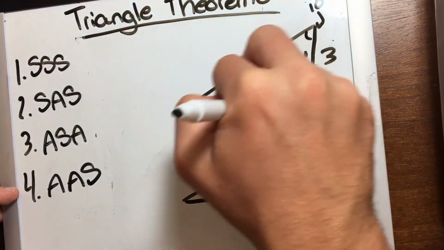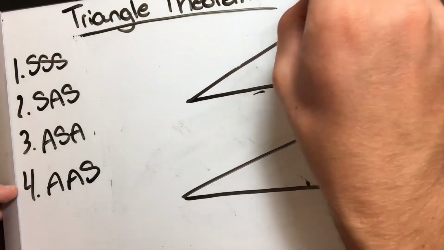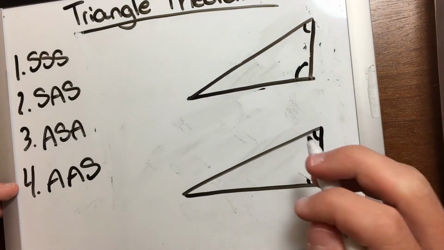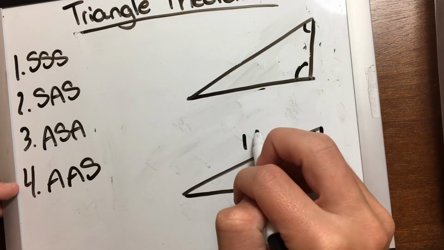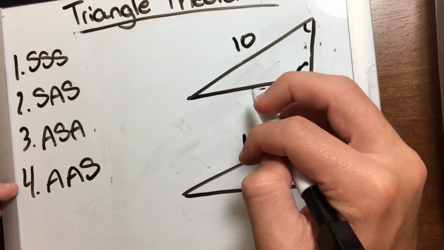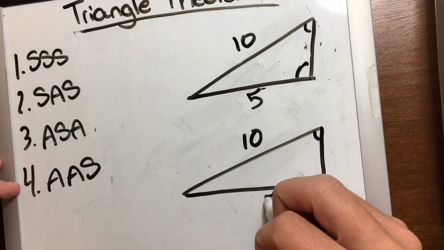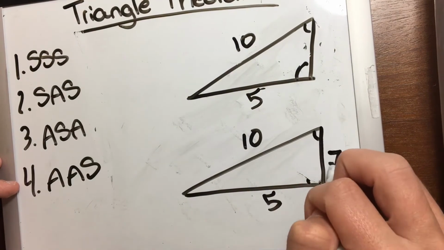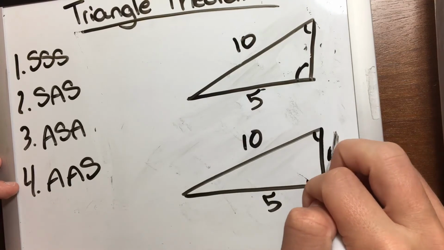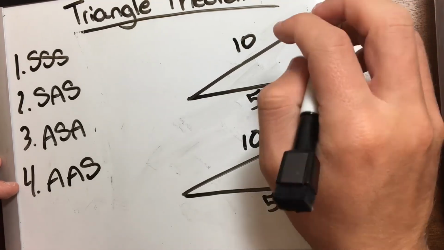I'll make this one a little tough, but I think you guys got it. So let's say this value is 10. We'll make this value 10. We'll make this 5, 5, 7. Nah, that doesn't make sense. 4, 3.